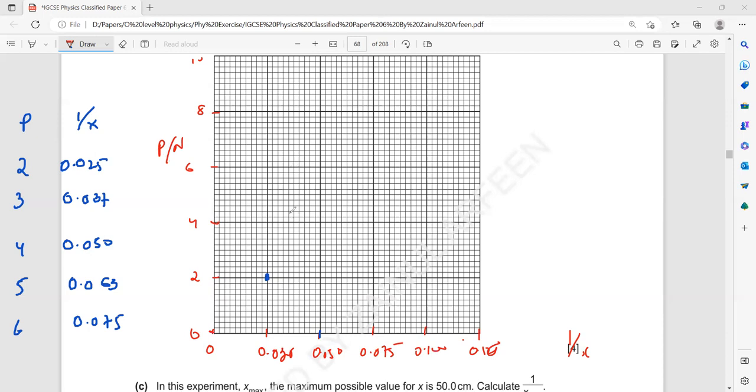So this is one of the values. Then for 3, it is basically 0.037. Each box is representing 0.0025, as 10 boxes equal 0.025. So if I divide by 10, each is 0.0025.